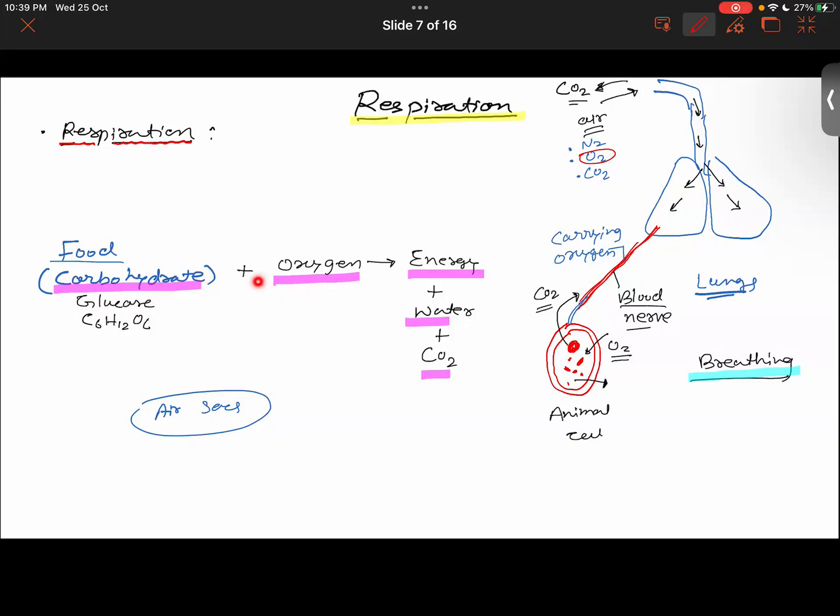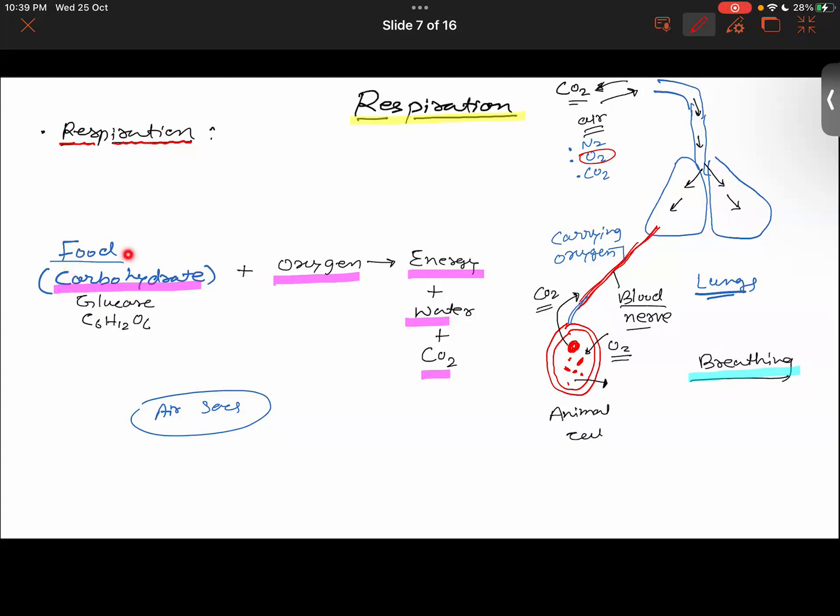Especially if we talk about the human body, it occurs in the presence of oxygen. But as I said, there are certain organisms in which breakdown of food can occur without oxygen.